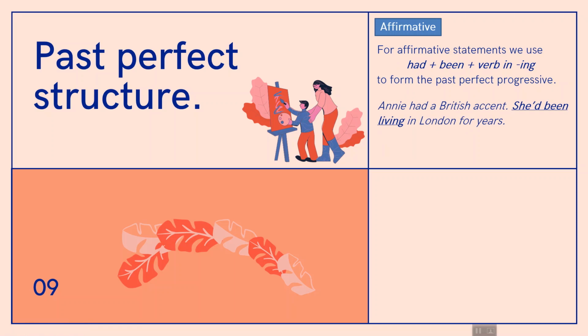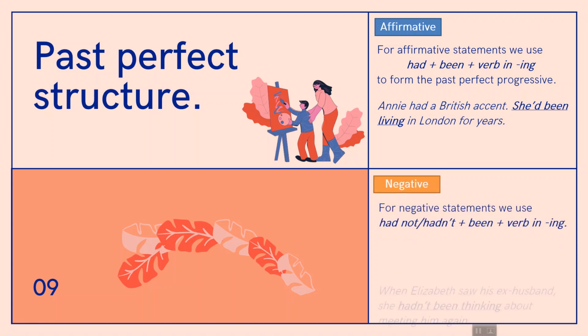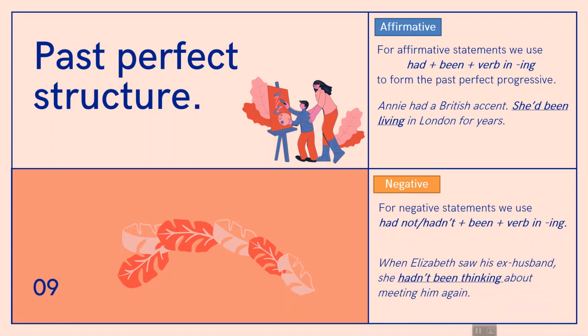Well, because she had been living in London for years. I am giving a reason, okay? Now, for negative statements, I can say that when Elizabeth saw her ex-husband, she hadn't been thinking about meeting him again, right? She hadn't had this in mind, okay? So this action was in progress, okay?